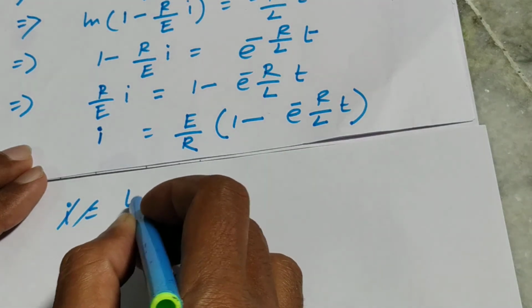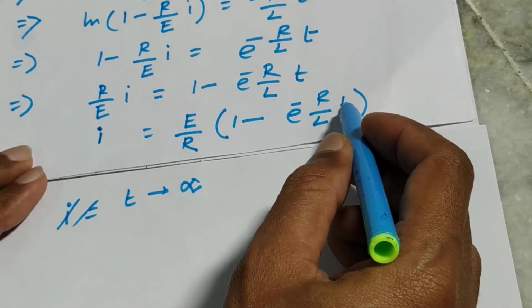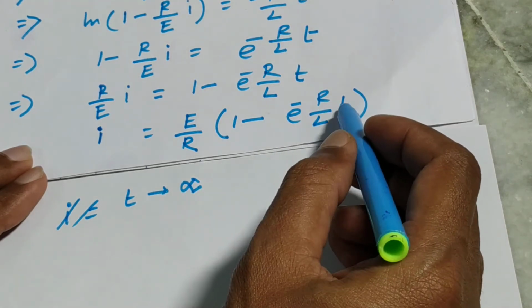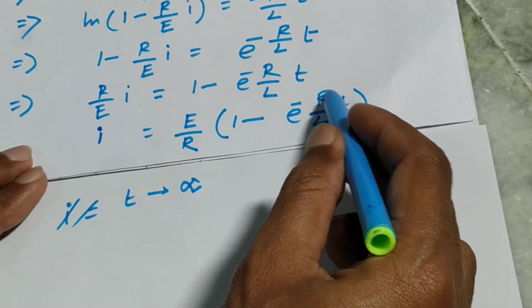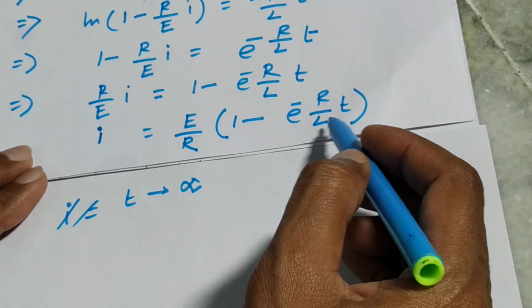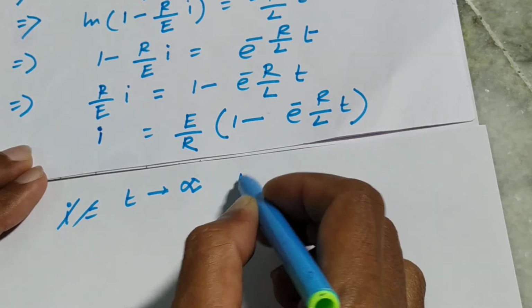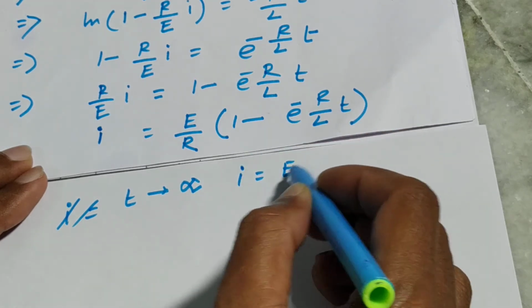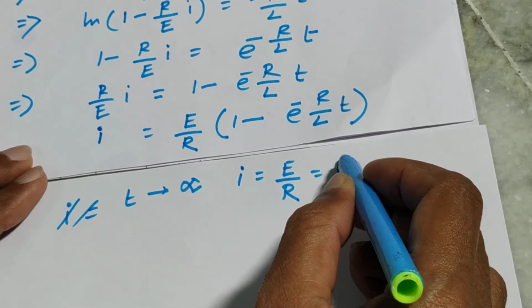At t tends to infinity, if we substitute t equal to infinity, then exponential minus infinity equals 0. So I equal to E by R, and this is equal to I0.